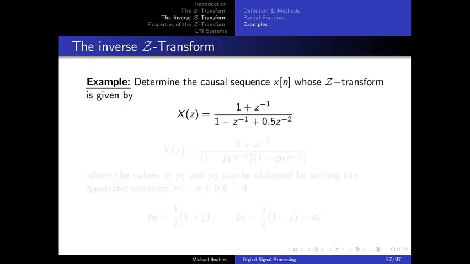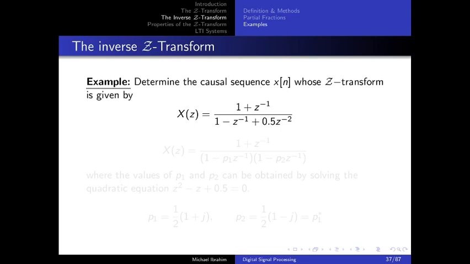Another example here, and we're asked to determine the causal sequence x of n whose z transform is given like this. Before we go on here, let's take a minute and think about this part, the causal sequence. For a sequence to be causal, it has to be right-sided.